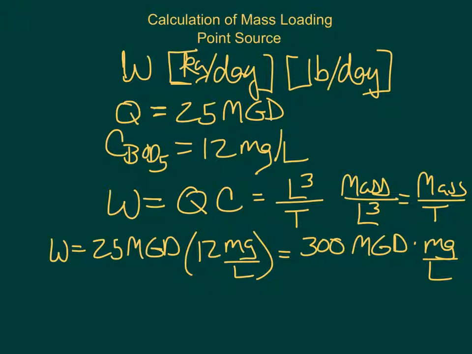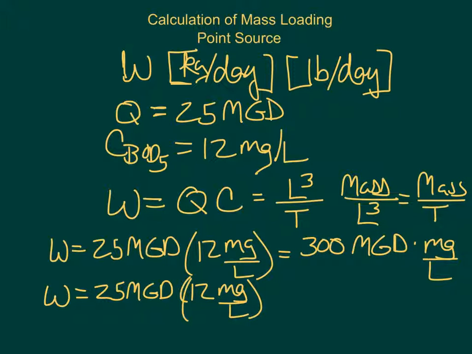It's very common in these types of calculations that we're going to be using mixed units, meaning million gallons per day are English units, and the milligrams per liter are SI units.